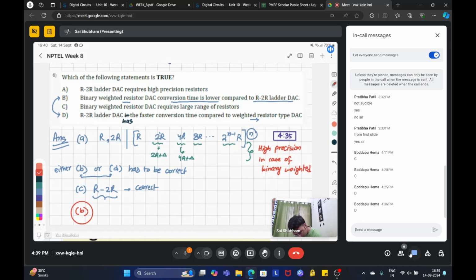I'm actually not sure about this, because in both the cases we have a comparator and we have voltage input. So how can we determine the conversion time?